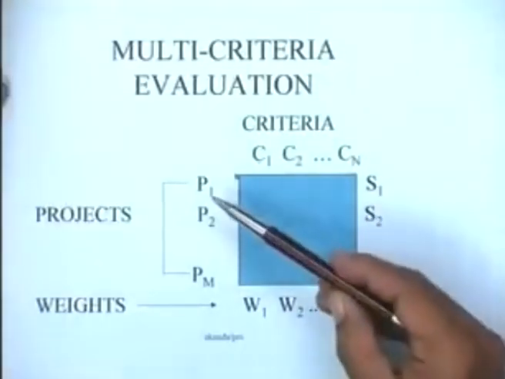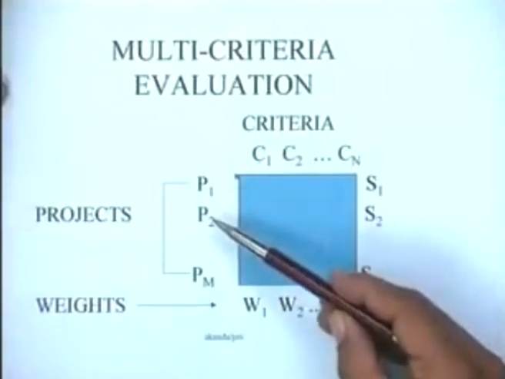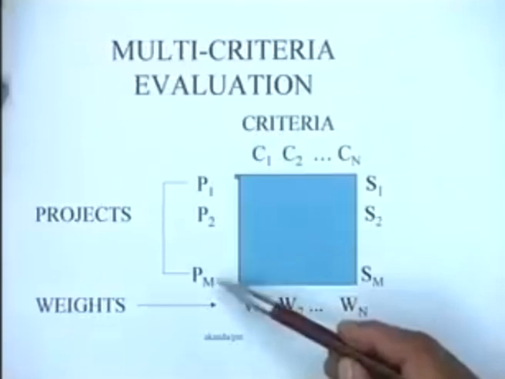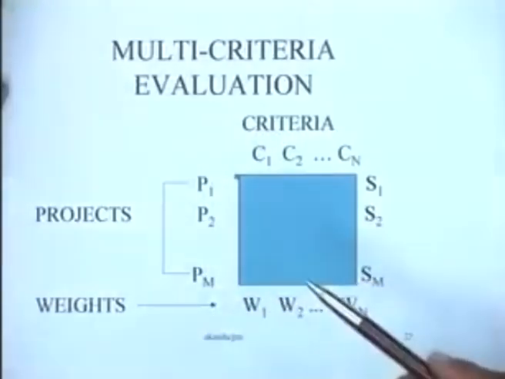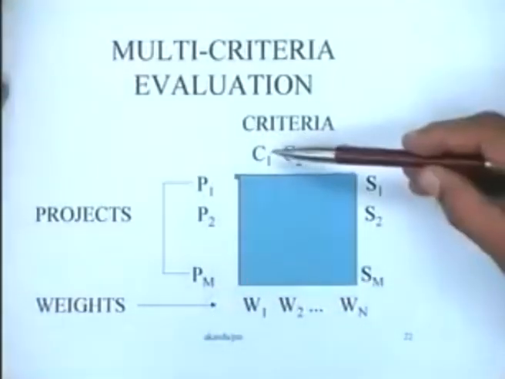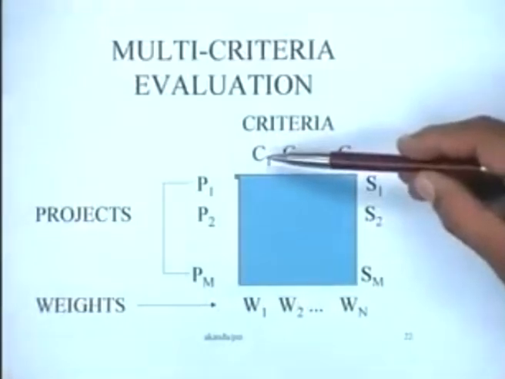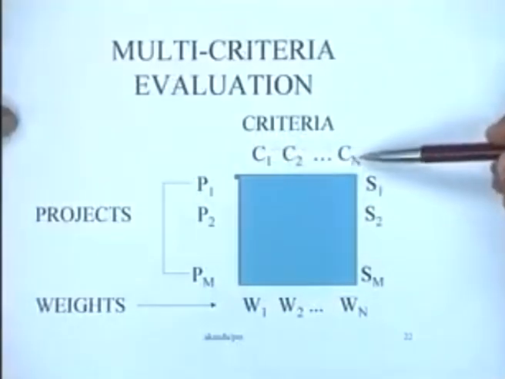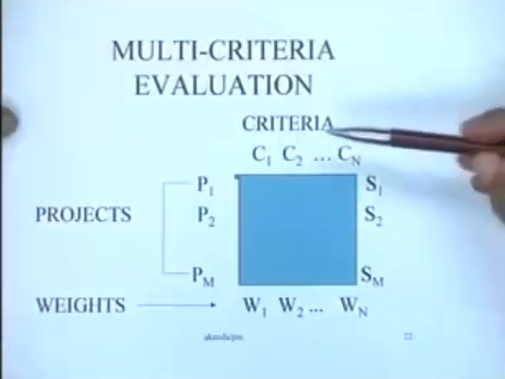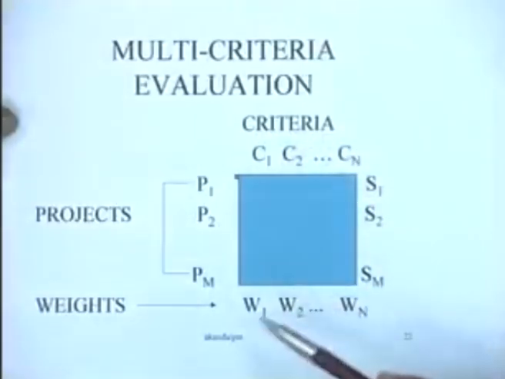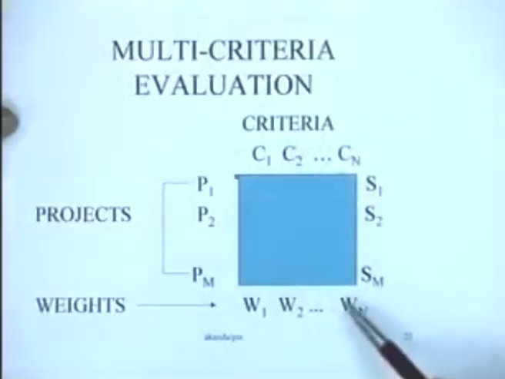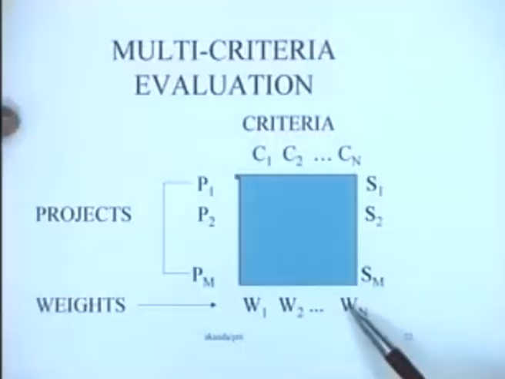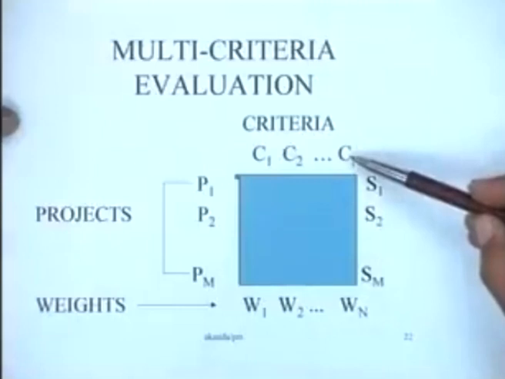So conceptually we can say that there are a number of projects, let's say P1, P2 and so on up to PM. There are M projects which we have identified, and we want to weigh them on a variety of criteria which we just discussed, C1, C2 and so on up to Cn. And what you could possibly be doing is assigning greater weights to these criteria. So we have a weight W1, W2 and so on up to Wn for these individual criteria.